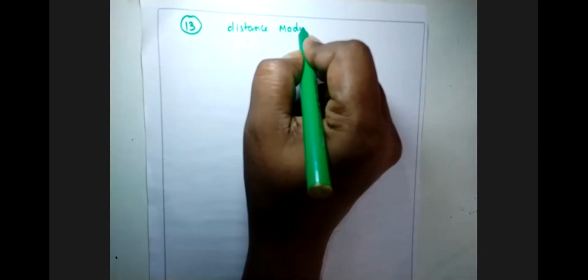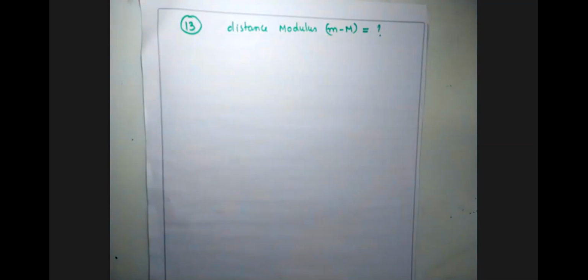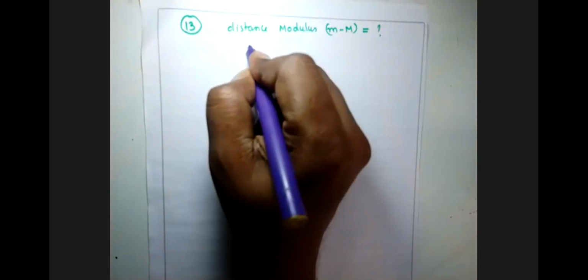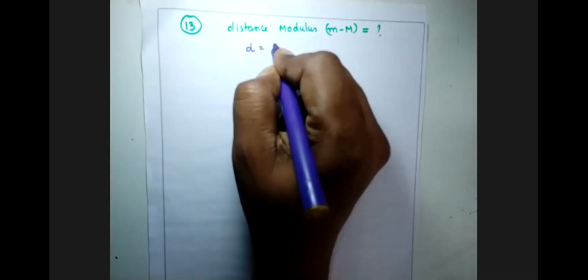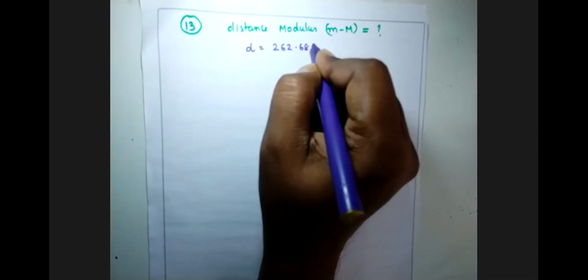Now, problem number 13. Distance modulus, small m minus capital M. This you need to find out. Given data is distance d, which is equal to 262.68 light years.